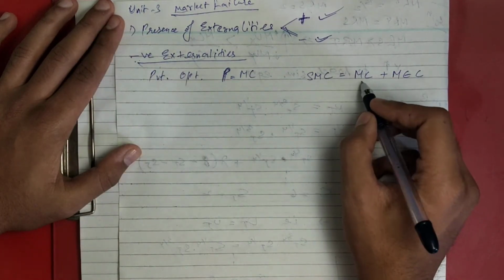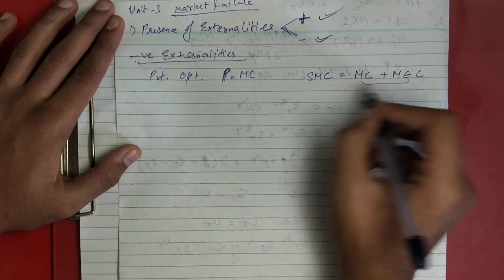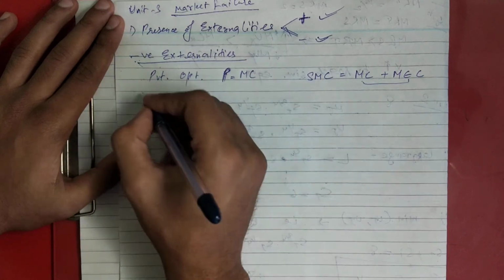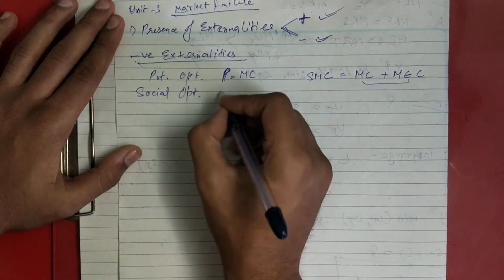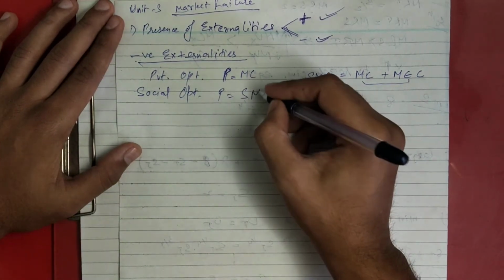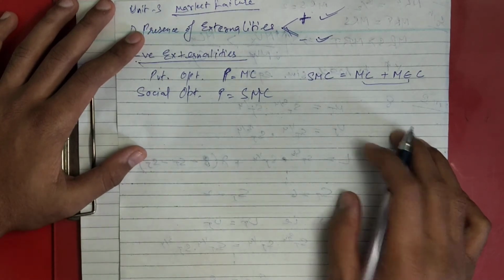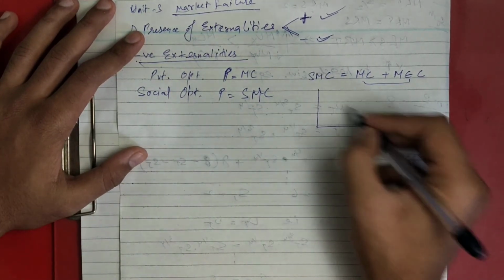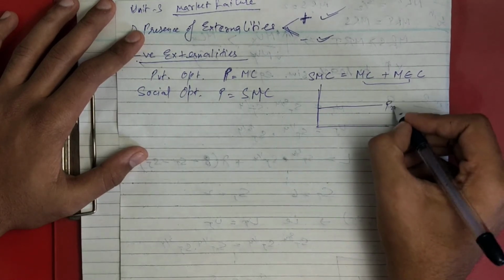So your marginal cost increases by the MEC, and this whole summation is known as social marginal cost. So now your new optimum, which is known as the social optimum, is P equals SMC. If I want to show you this from the diagram, it will be like this. This is your price.